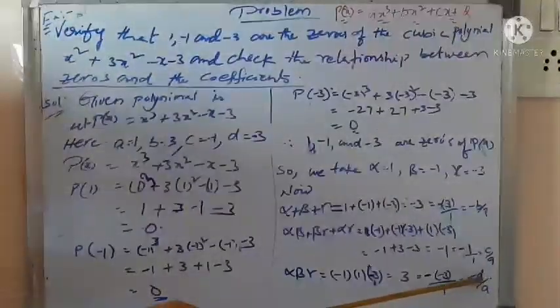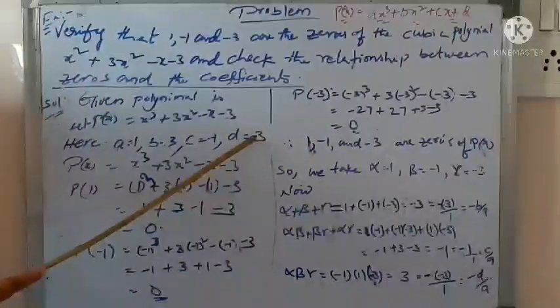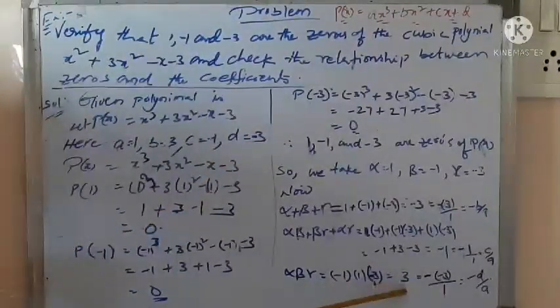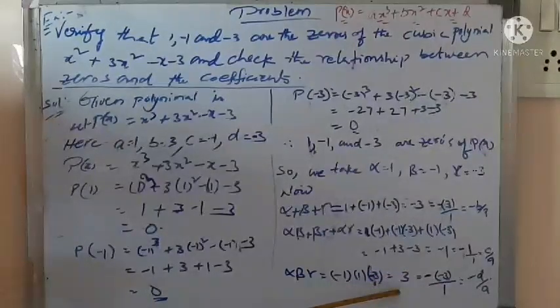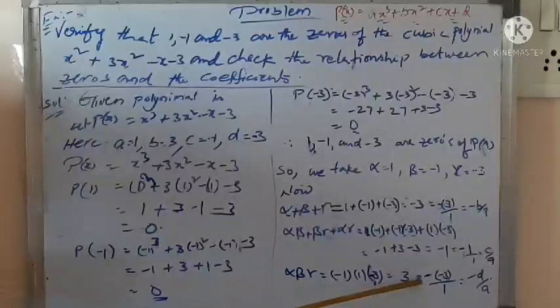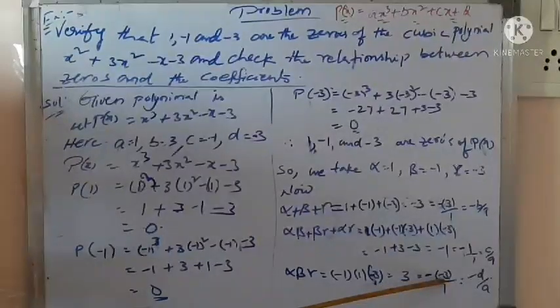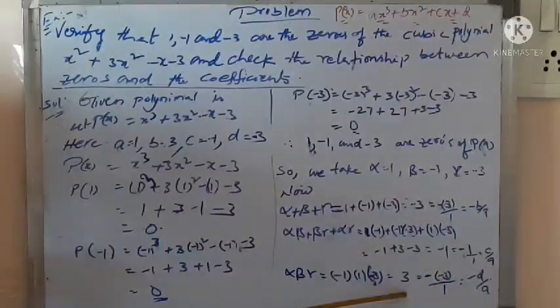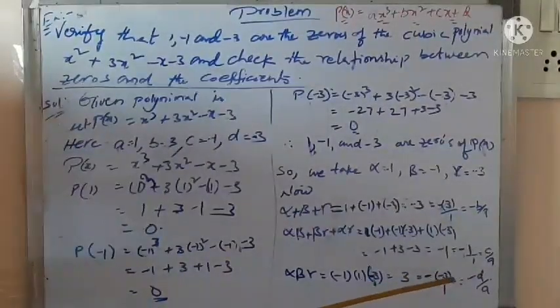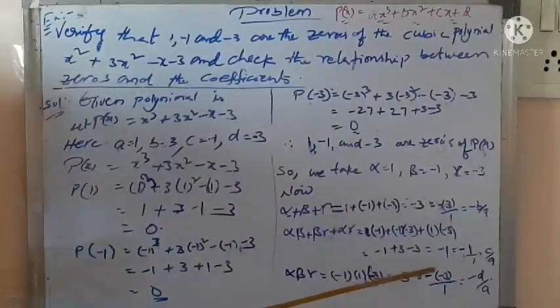But here, what is the value of d? See here, -3. But you will get 3. So it is changed like this: 3 equals minus of -3. So it's nothing but 3. Right? So minus into minus plus, you will get 3. So it is written like this.